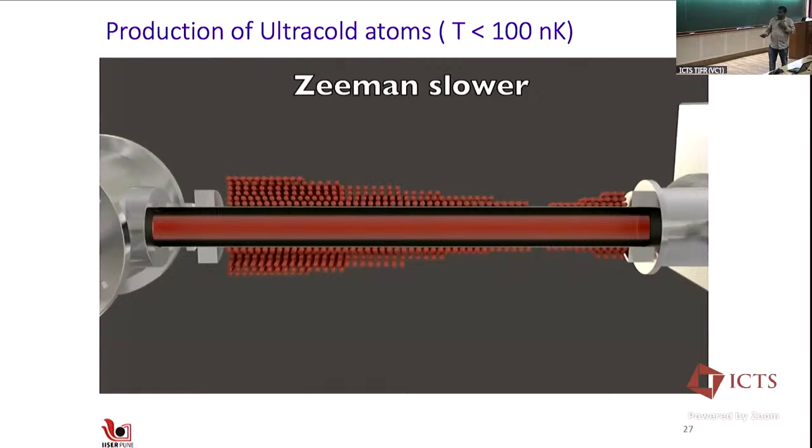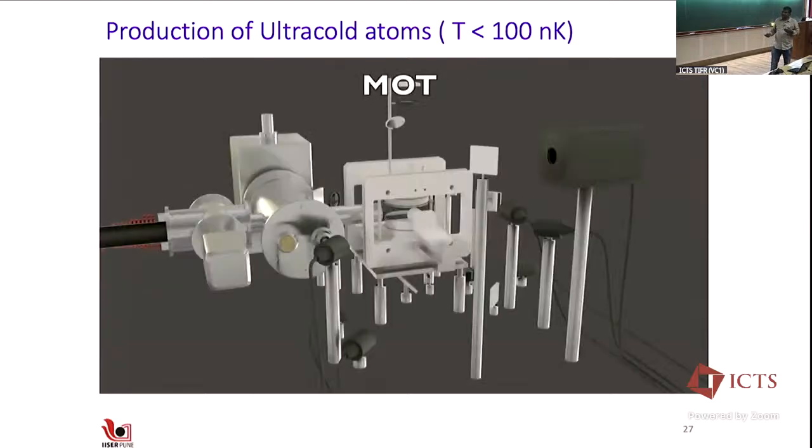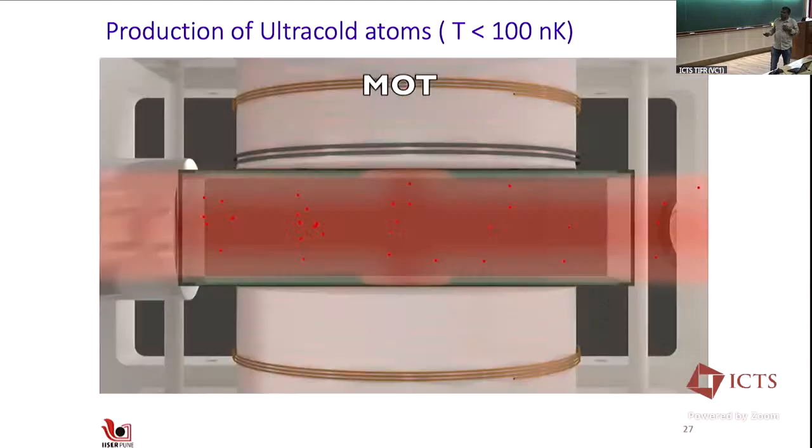You then slow down the atoms from a few 100 meters per second down to 20 meters per second using what is called a Zeeman slower, where you have resonant scattering of light from atoms, and then you capture them in a 6-beam magneto-optic trap like here, and you get about 1 billion atoms at a few 100 microkelvin. There is a small error in this. The atoms don't go out of this.